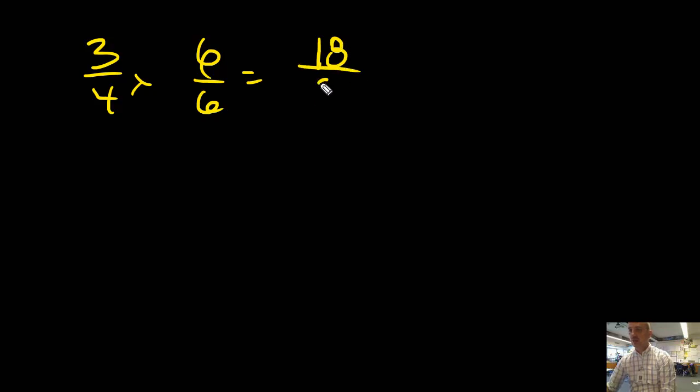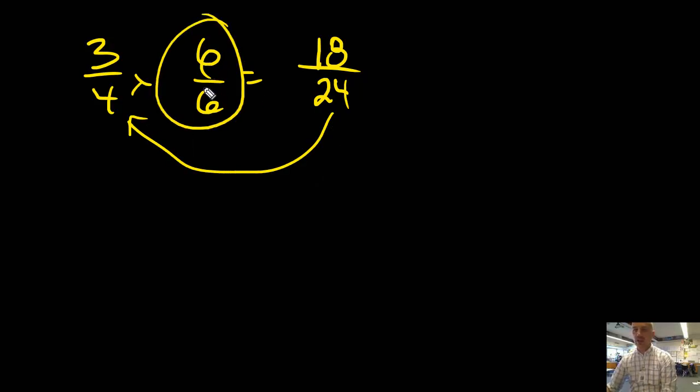I could take, let's say 3/4, and multiply it by 6/6, and I would get 18/24. And 18/24 would be equivalent to 3/4. It's the same thing. All I've done is multiply it by a fraction that's equivalent to 1. All right.